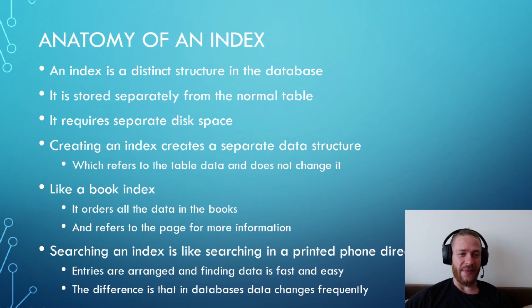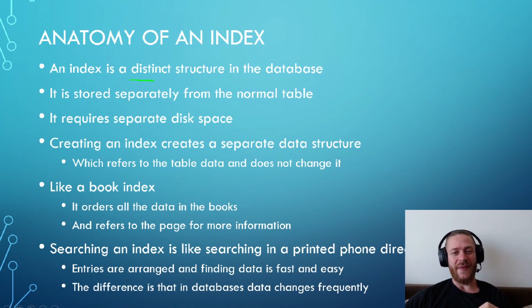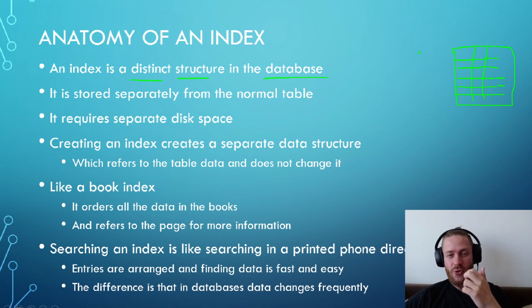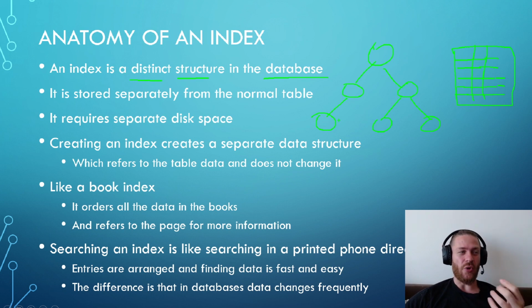When you create an index, you create a distinct structure in the database. So if your table data is here, for example, you have a table with some data, with some columns. When you create a separate index, you create another structure which stores the data in a different format, in a different way. It stores the data so that it's faster for a search.